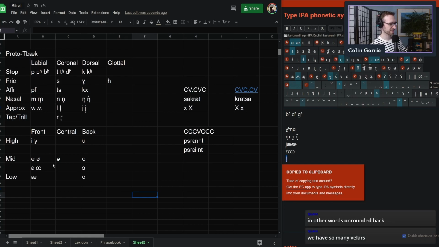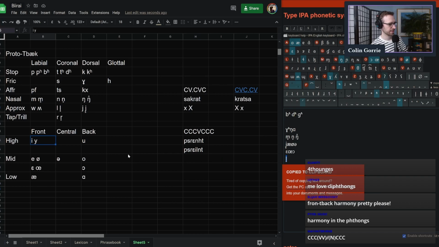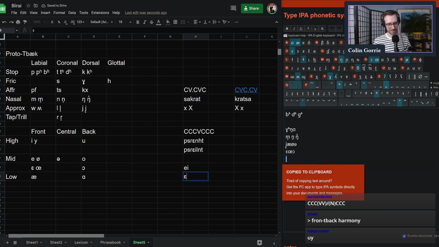So one thing that's pretty common is to have your diphthongs sort of fleeing to the center. So you're allowed to start on anything, but you have to end in E or U. That's a pretty common thing. So we could then have something like A. Wouldn't it be crazy to contrast A and A and A?